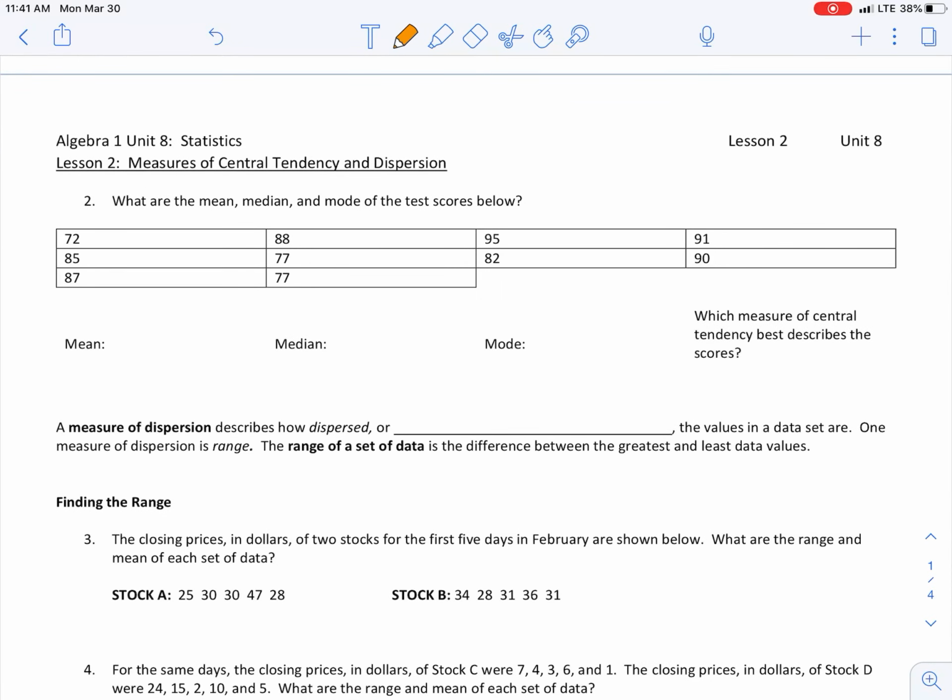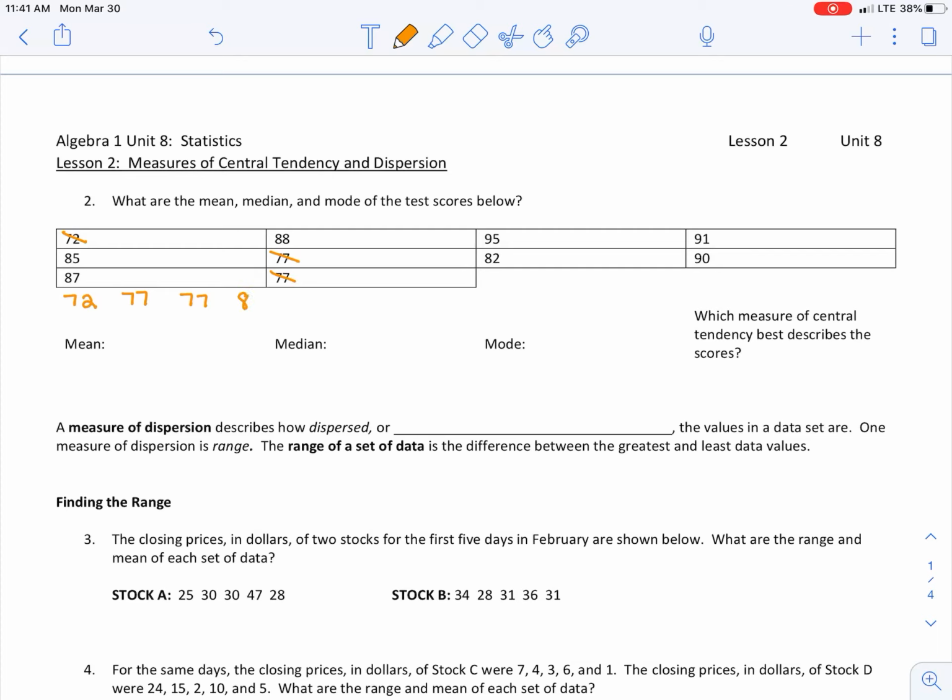Okay, again, here we're going to do the same type of thing. We're going to be finding the mean, median, and mode. The first thing you have to do is order your data from least to greatest. So we have 72 as our smallest number. Then we go to 77. Then we have another 77.